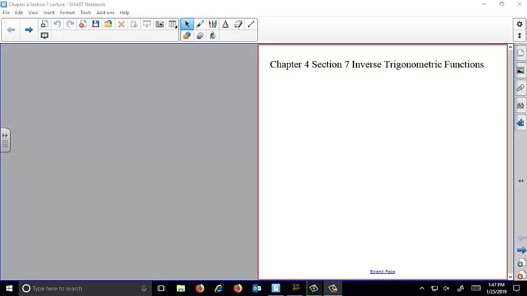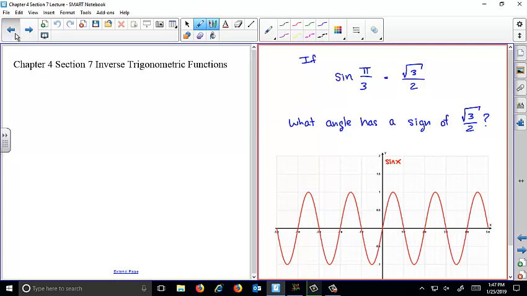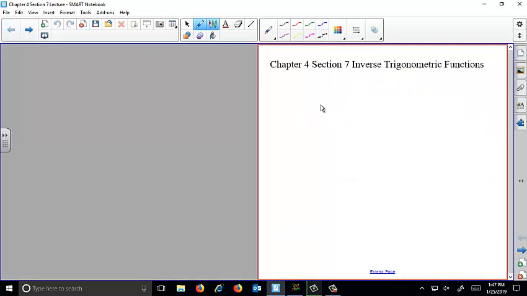And remember, we've already talked about some inverse functions. One of the main ones that we've looked at are e to the x and the natural log of x. And those are inverse functions as well. What we know is that f of g of x equals x.